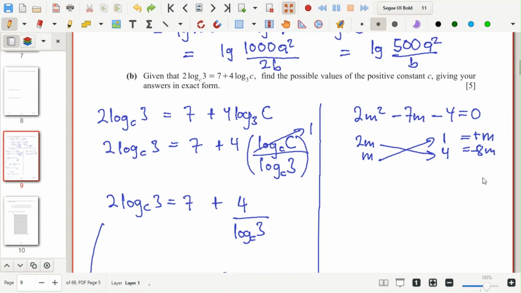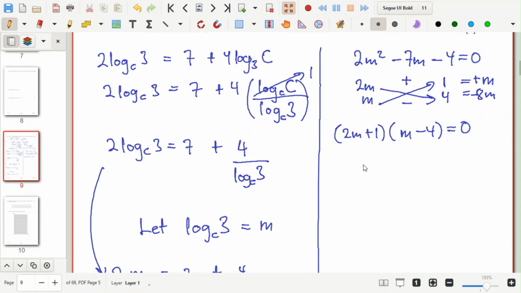So let me bring the same operations here, plus and minus. So this is the same as 2m plus 1 into another bracket, m minus 4 is equal to 0. So when I solve this, I'll get m to be negative 1 over 2, or m is equal to 4.